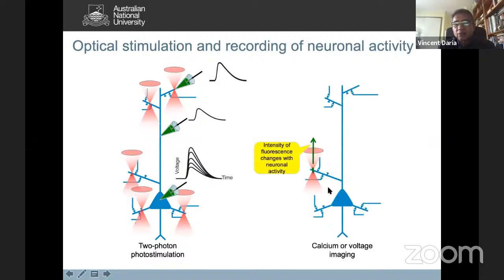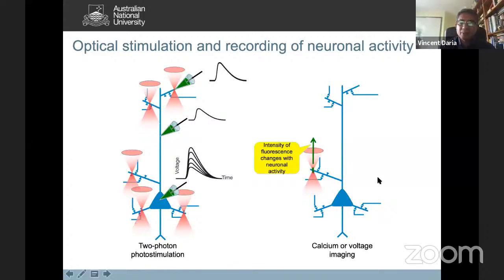So in this neuron, when it is active, one of the ions that goes into the cell is calcium. So calcium goes into the cell, and if the neuron is active, the amount of calcium inside the cell increases. If you place a dye, a marker, inside the cell that senses the amount of calcium, the dye will change in fluorescence because there's more calcium in there. This is what we call calcium imaging.